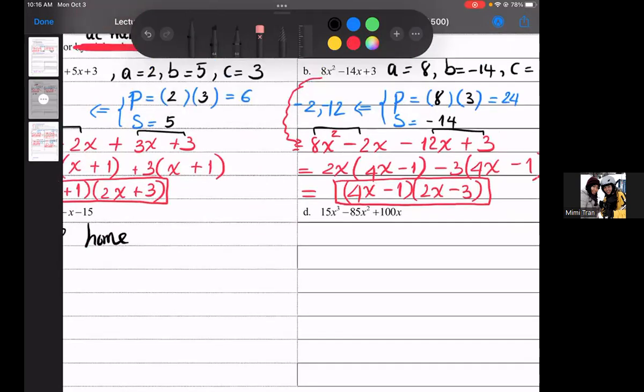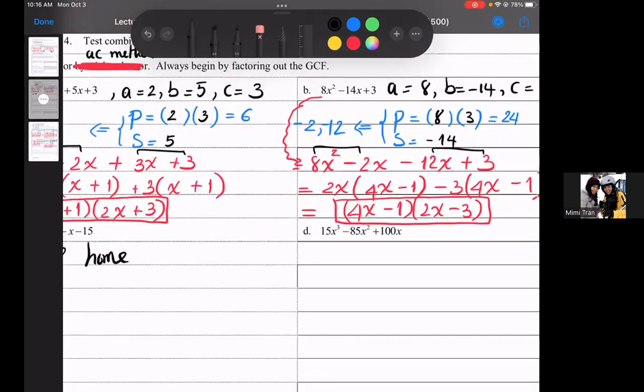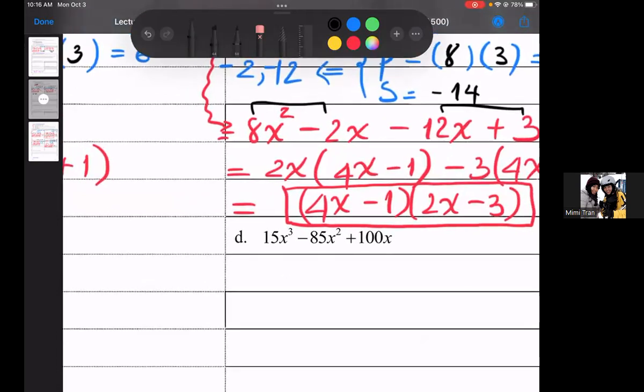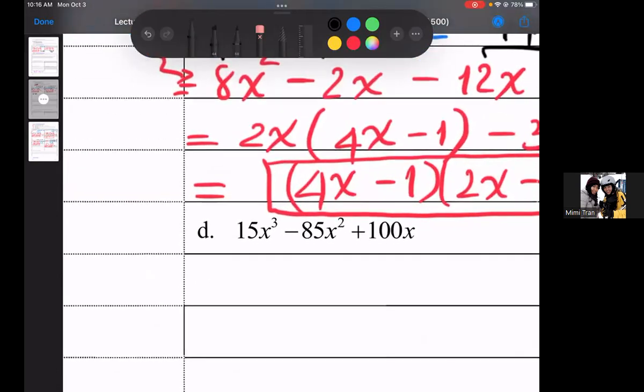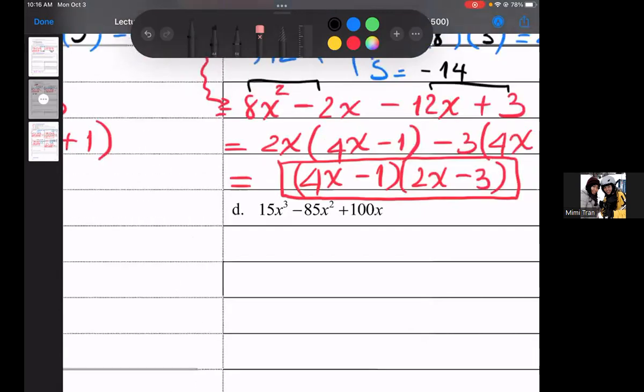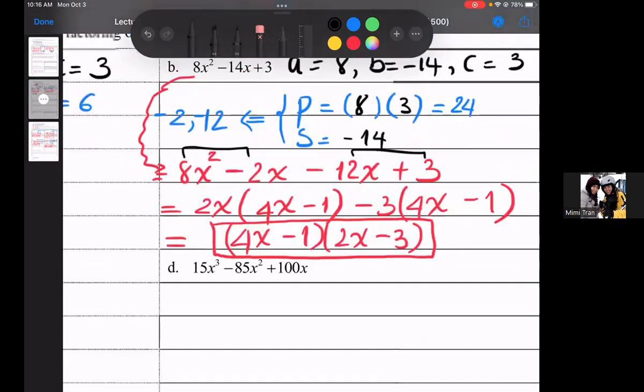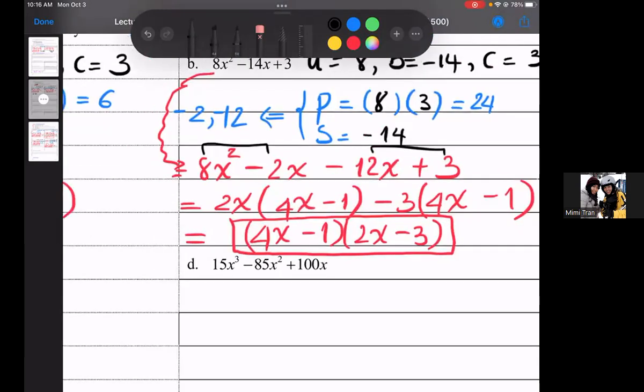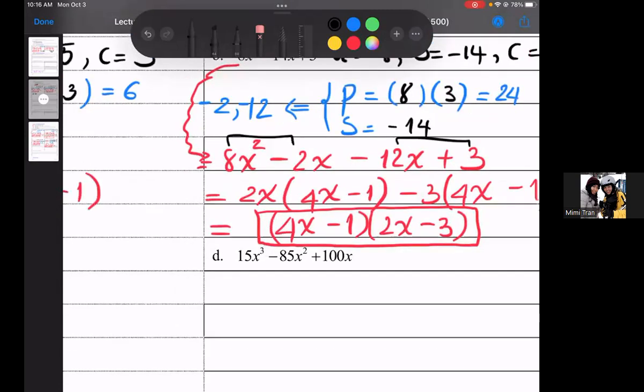Okay. Now for D. First of all, are they in descending order? Yes. Sorry, it's small, and my red things kind of almost overlap it. Now you lose a constant term, but that's okay. Is there anything I can factor out between these three? Very good, 5x, right? So 5x by GCF.